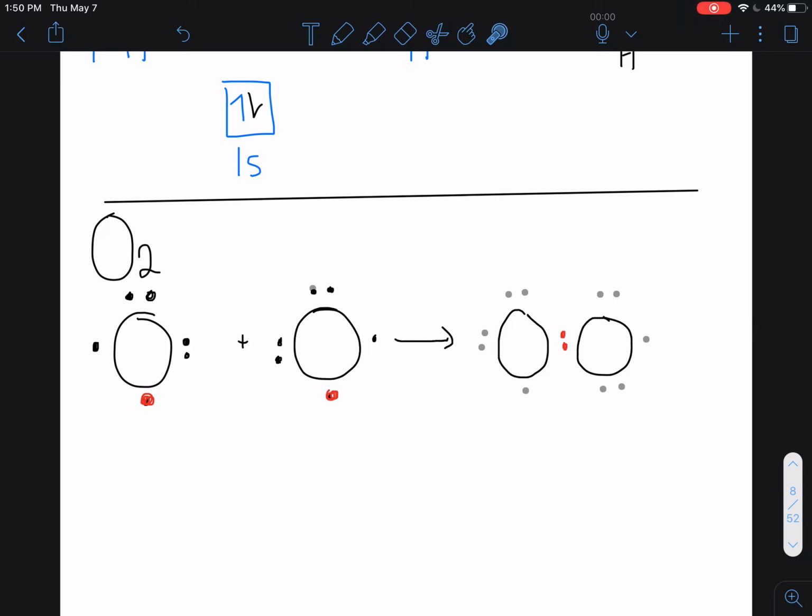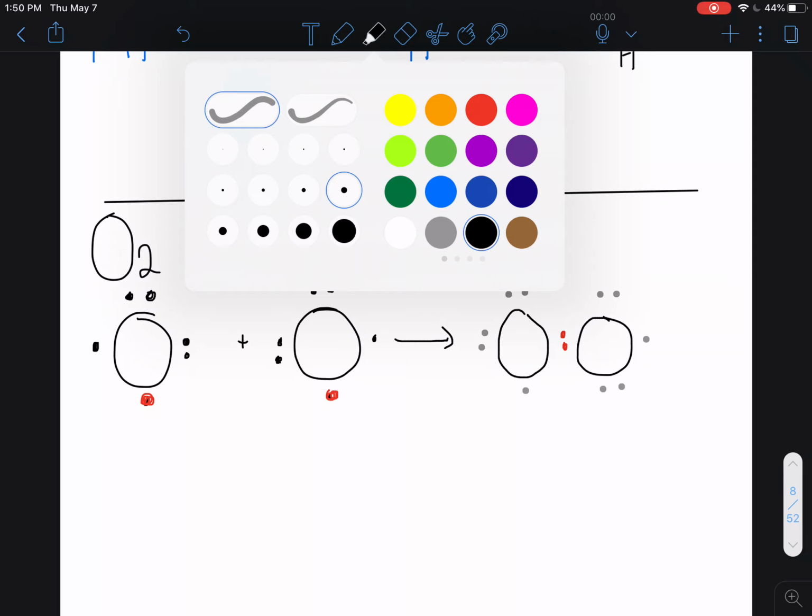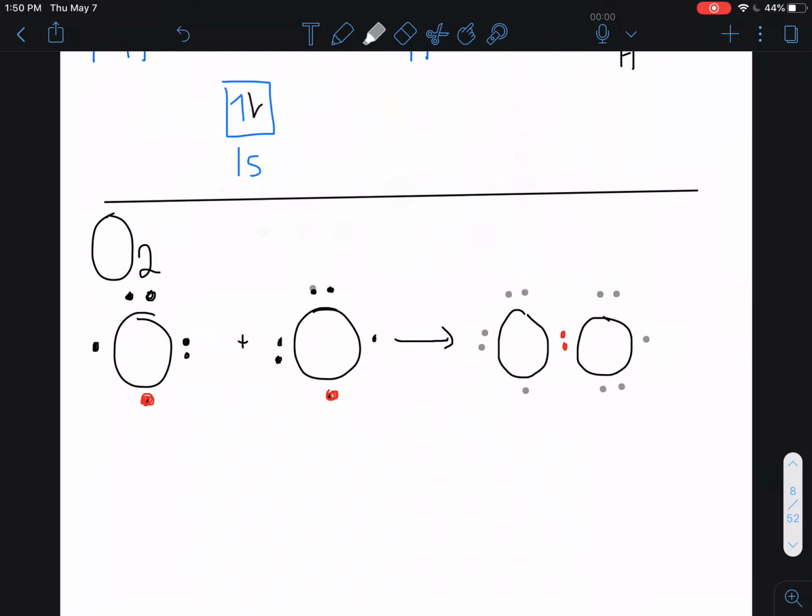But when I count up the electrons for each oxygen, do I have an octet? 1, 2, 3, 4, 5, 6, 7. Same goes for this guy right here. 1, 2, 3, 4, 5, 6, 7. So each oxygen still needs 1 more electron to complete its octet.